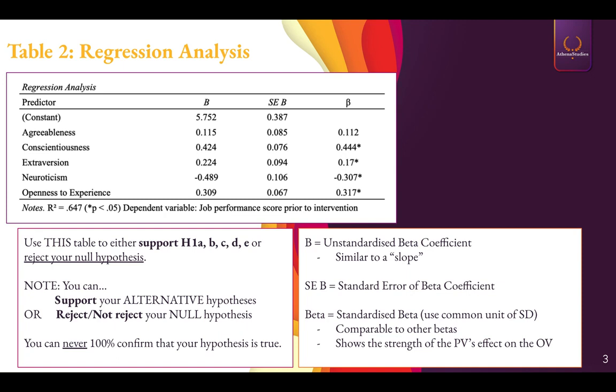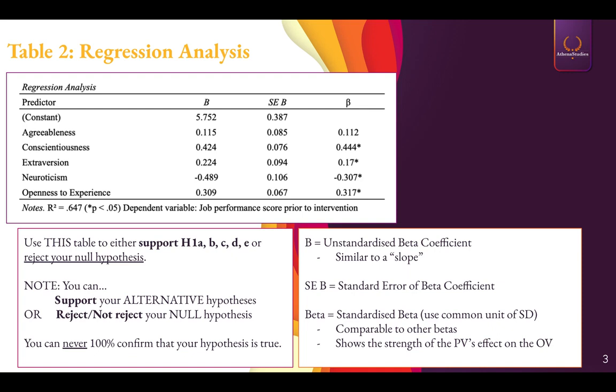So by that case, we can support, I forget which letter it is in hypothesis 1, but you say that you find support for that hypothesis given a significance level of less than 0.05 for your p-value. Any of the ones that have the star on it just means that those are significant because the probability that the null hypothesis is true is less than 5%. So it's pretty likely that we can support our alternative hypothesis.